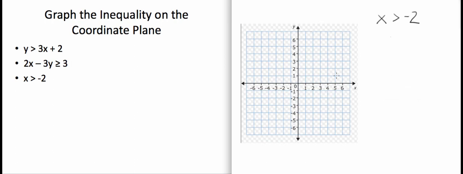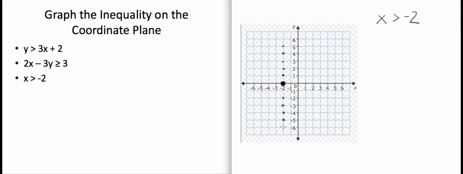So if we remember, x is equal to negative 2 right there. That's where our first dot's going to be. But this is something that has an undefined slope, which means it's a vertical line. So all of our points are going to go straight up this way and straight down this way.